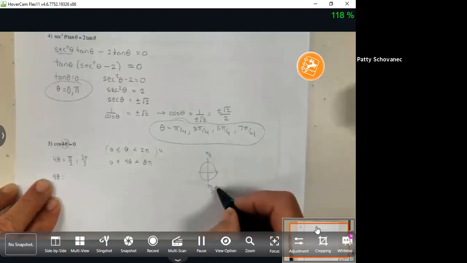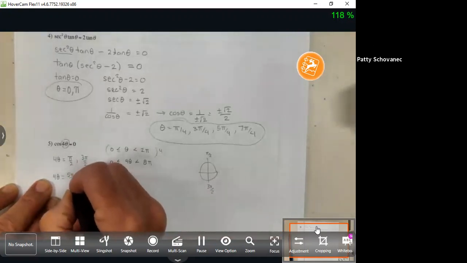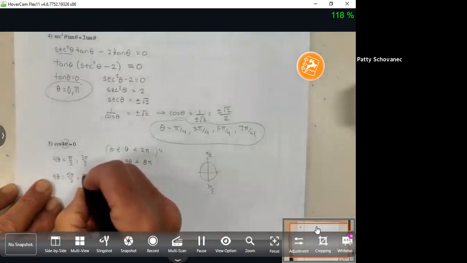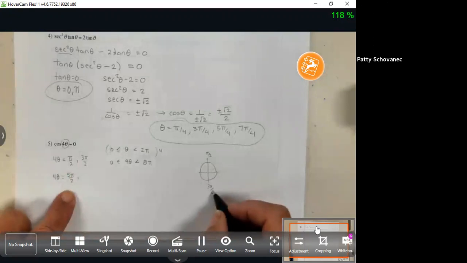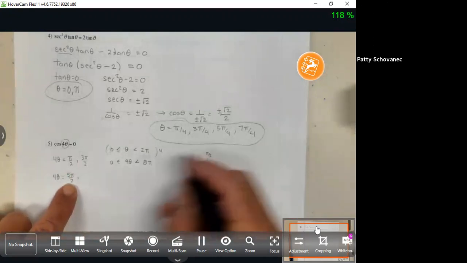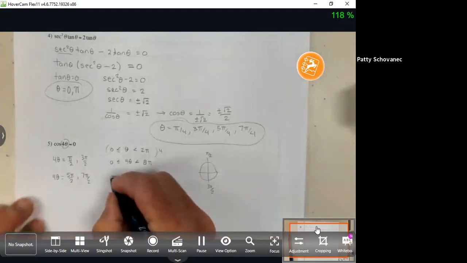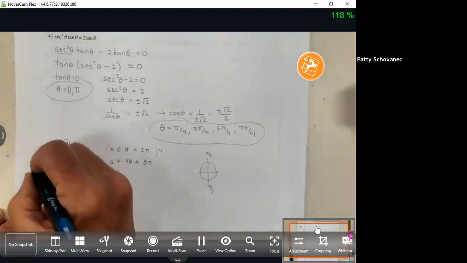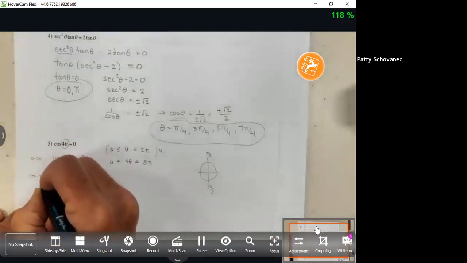Pi plus 3 pi halves gives me 5 pi halves, and plus another pi halves gives me 7 pi halves. So that's between 0 and 2 pi. This is between 0 and 2 pi. This is between 2 pi and 4 pi.